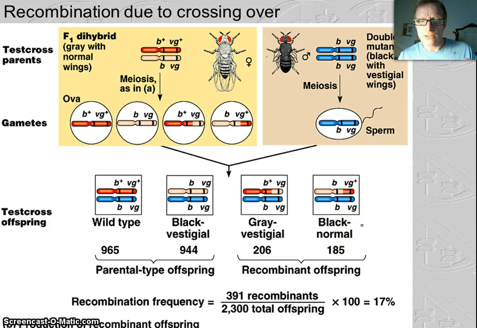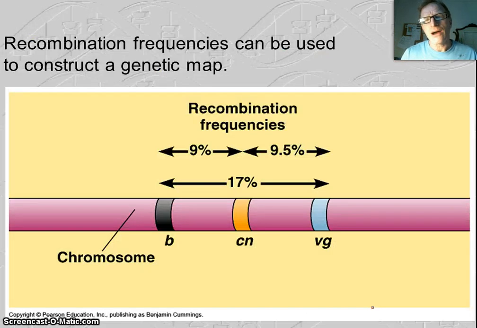And what he was able to do is figure out that recombination frequency. So if you add these two together, you get 391 divided by the total, 2,300, means that about 17% of the time these genes become unlinked. Okay? Now that's useful because now we can start to look at where these genes are on the chromosome.